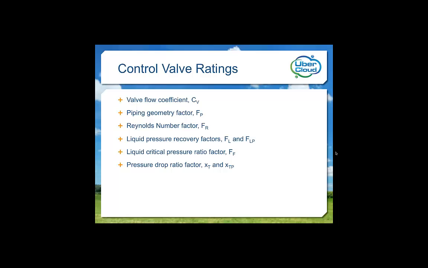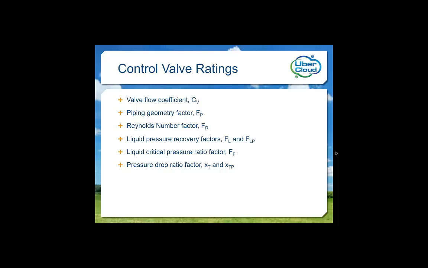Reynolds number factor, F sub R, applies when laminar flow is expected. Liquid pressure recovery factors, F sub L and F sub LP, and liquid critical pressure ratio factor, F sub F, help predict the pressure drop when the transition from turbulent to choked flow begins.